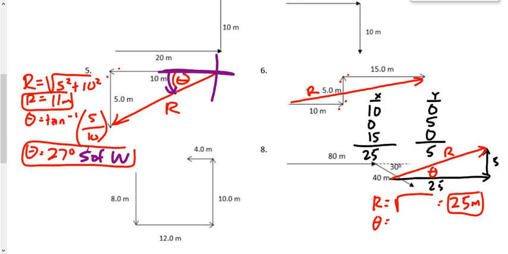In theta, the inverse tan function of opposite over adjacent, 5 over 25, is 11 degrees, and that would be north from east, or north of east. So our answer is 25 meters, 2 significant figures, at 11 degrees north of east.